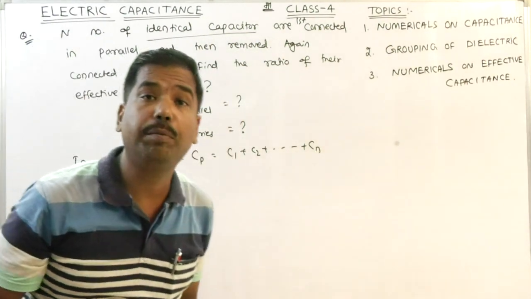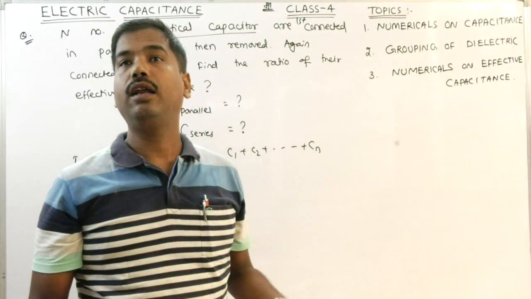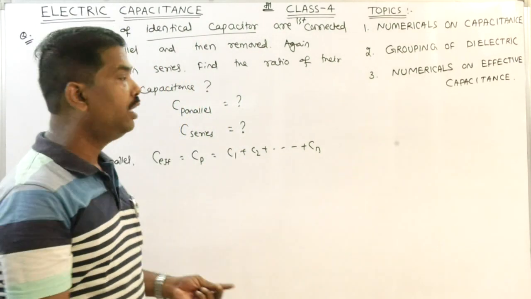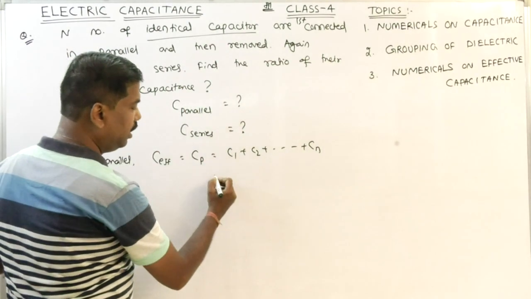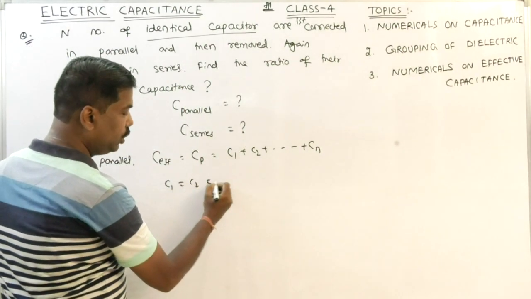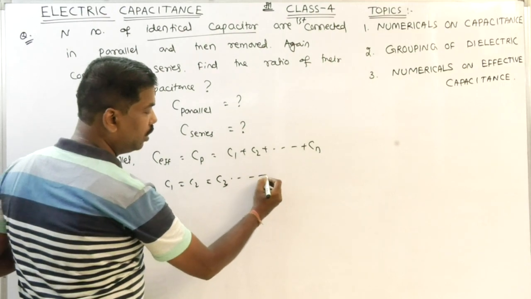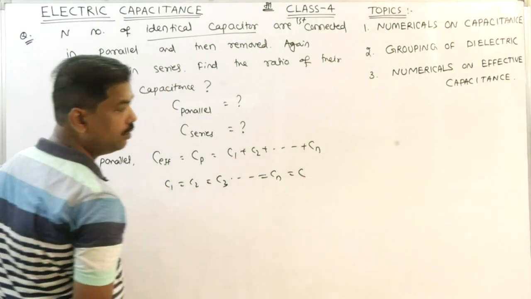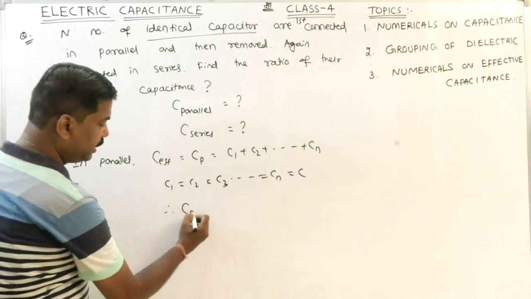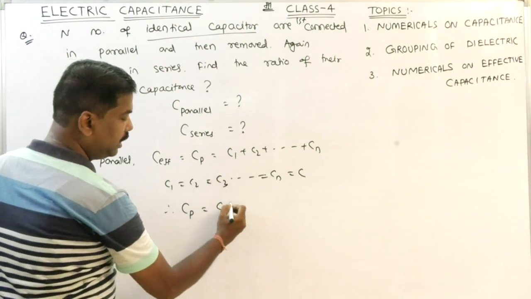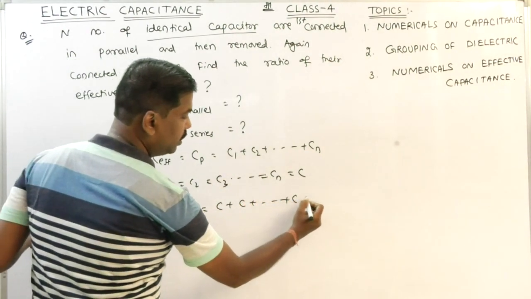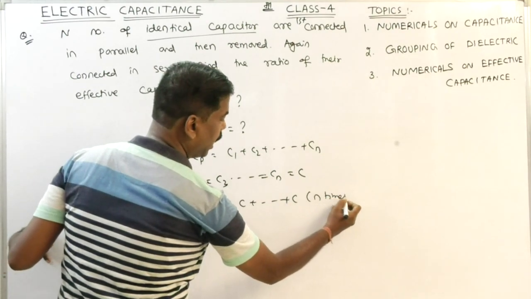It means all the capacitors have the same capacitance. If they have the same capacitance, then C1 is equal to C2 is equal to C3 up to Cn, or C. Therefore, capacitance in parallel is found to be C plus C, see how many times? N times.